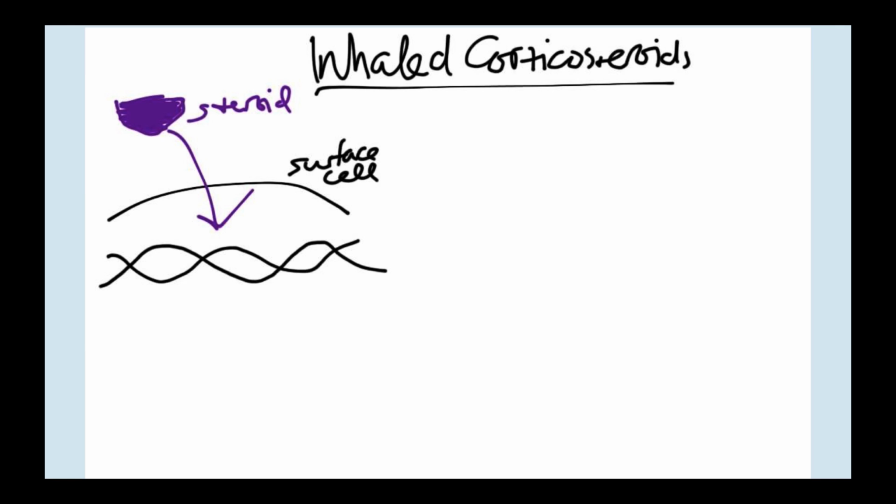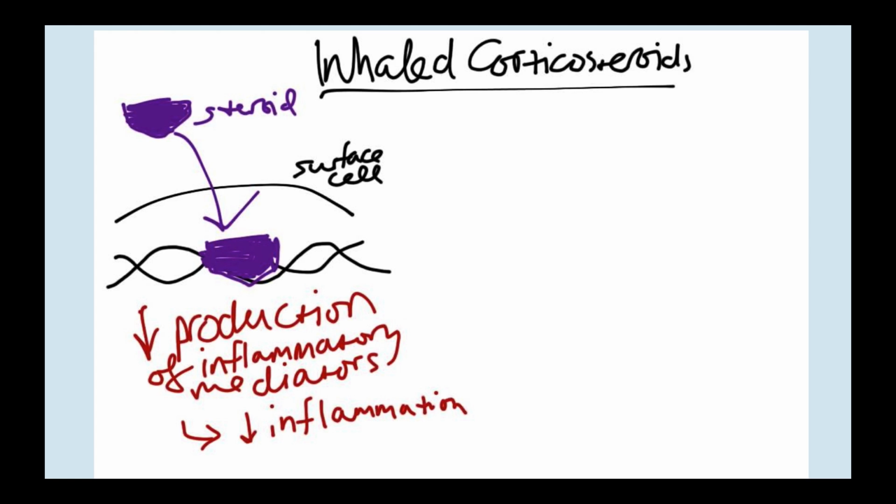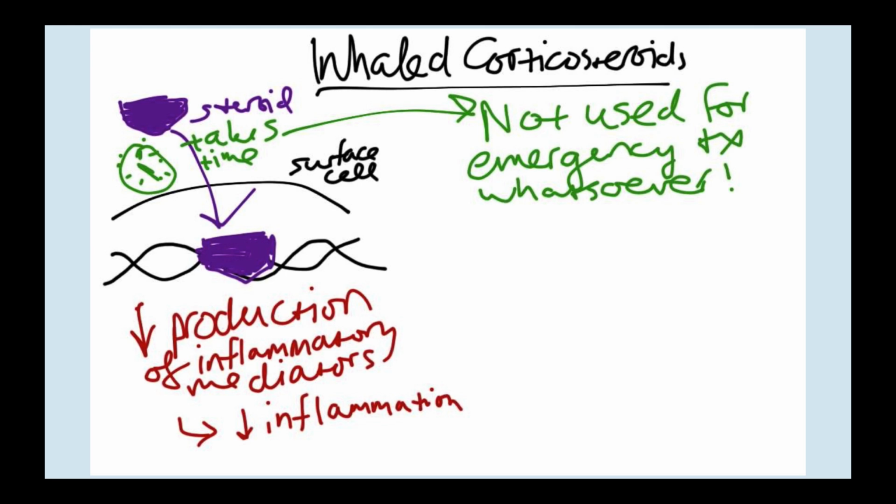Inhaled corticosteroids, as you know, steroids work much differently. They use receptors inside the cell, so not at the surface. And what they do is at the DNA level, they reduce production of inflammatory mediators, and that reduces inflammation. Remember that anytime you're using a steroid drug, it takes time because it has to diffuse into the cell and it has to get to the DNA and then it has to alter transcription and translation.